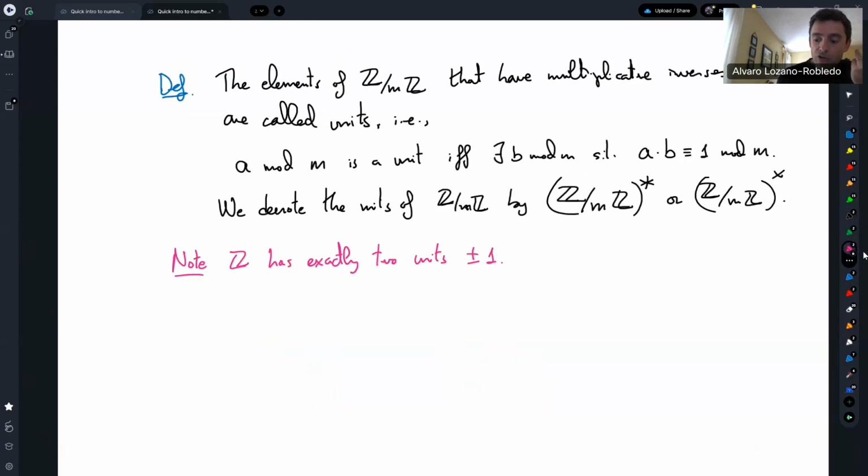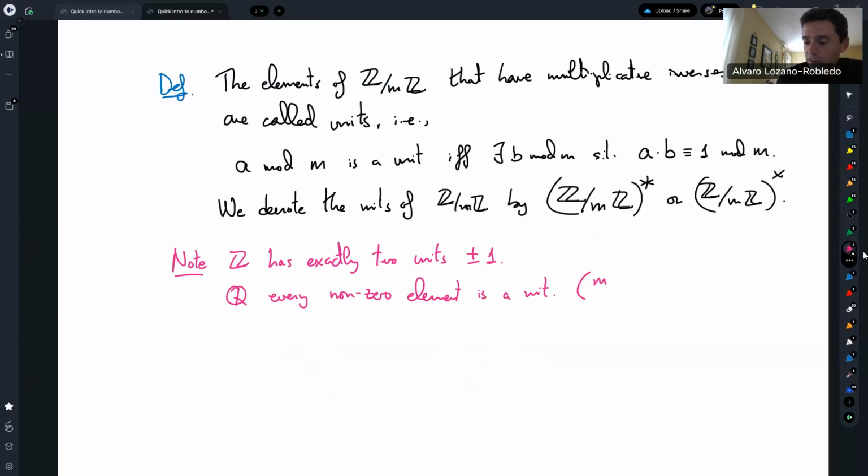Plus or minus 1 are the only elements that have another integer such that when you multiply it, you get 1. But in the integers modulo m, you might have multiple elements that are invertible. And if you go up to Q, in Q every non-zero element is a unit, right?